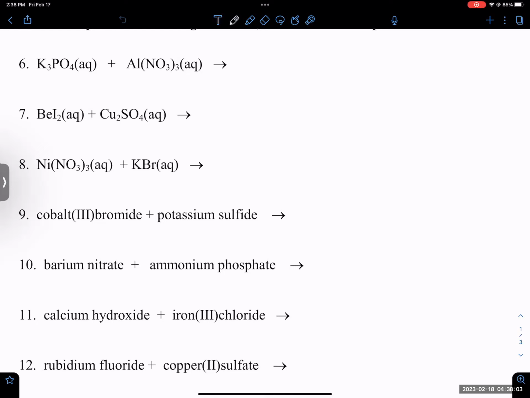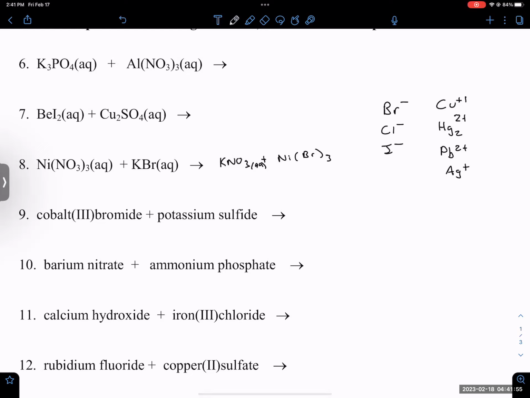Bromide, Br minus, Cl minus, and I minus are generally soluble, except when they are connected to copper 1+, mercury 1, so Hg2 2+, lead 2+, and silver. These are the exceptions for your halides, not including fluoride. So therefore, this is also soluble, which means what?